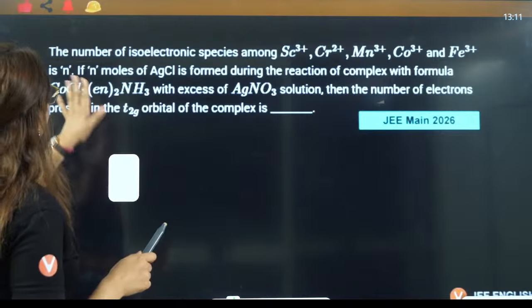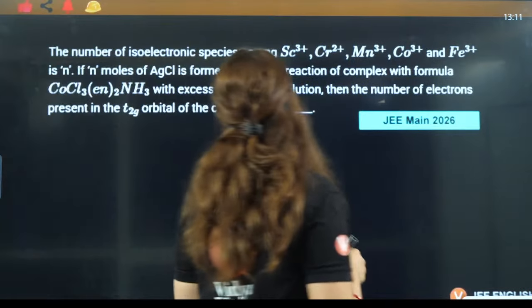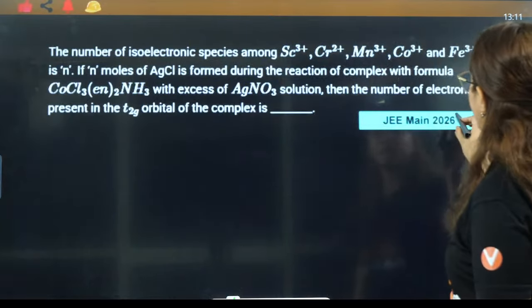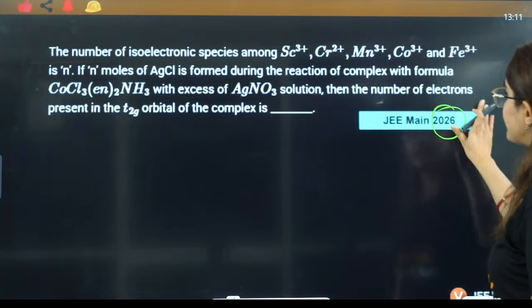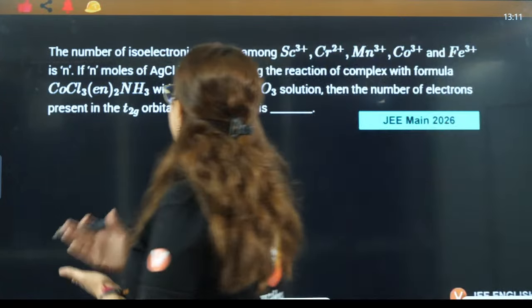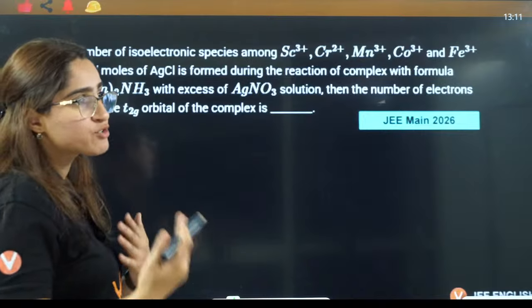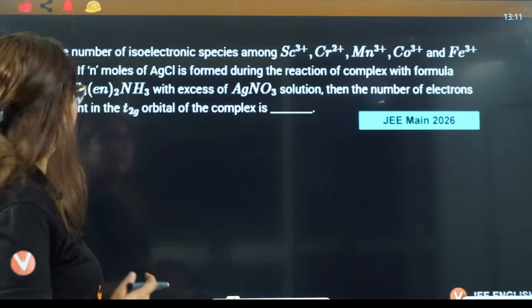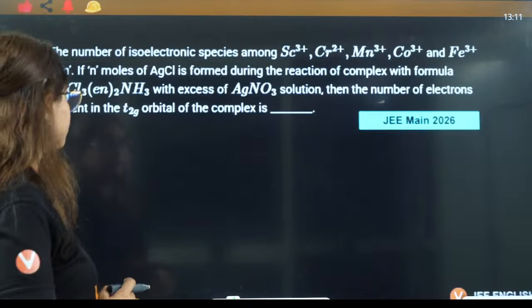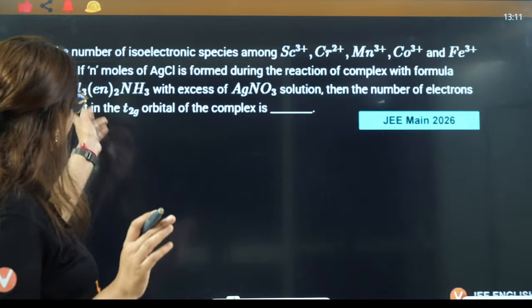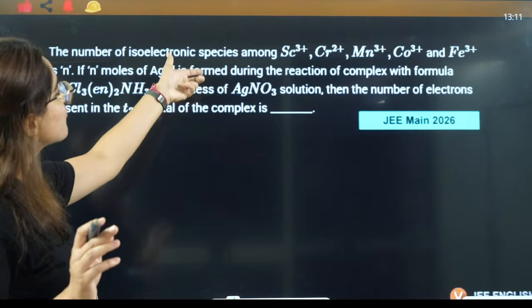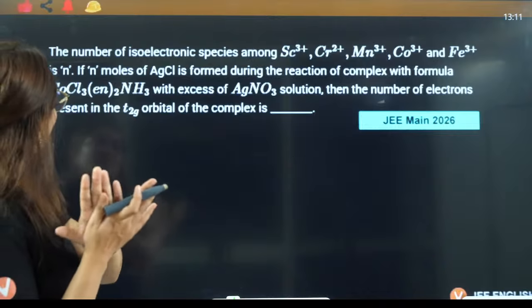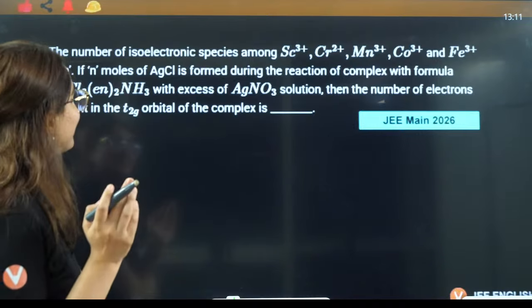Now let's talk about this one, the number of isoelectronic species. Again, a 2026 question here. Isoelectronic species means where the number of electrons are the same. Among these is N. If N moles of AgCl is formed during the reaction, oh my god, what a question, right?